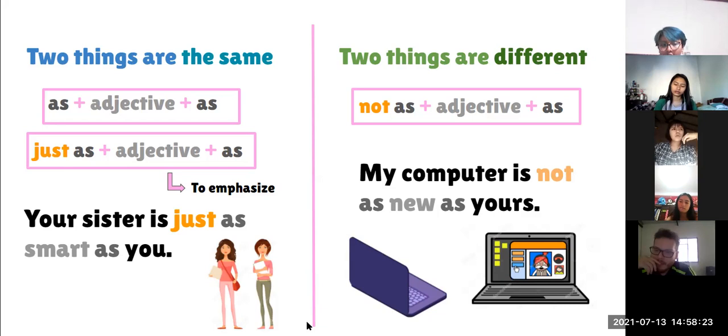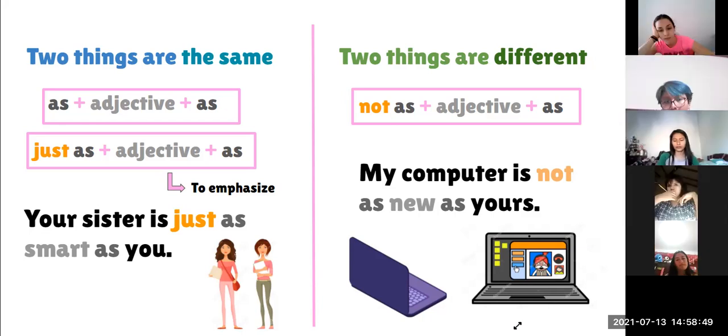Maybe my brother is not as organized as me. My brother is not as organized as me. Very good. Any other ideas? Maybe my cell phone is not as expensive as yours. Very good. My cell phone is not as expensive as yours.